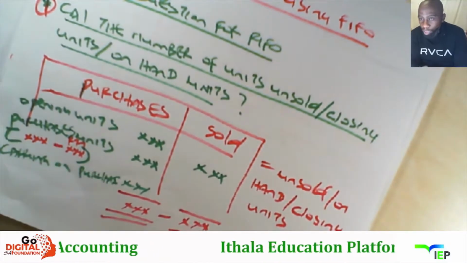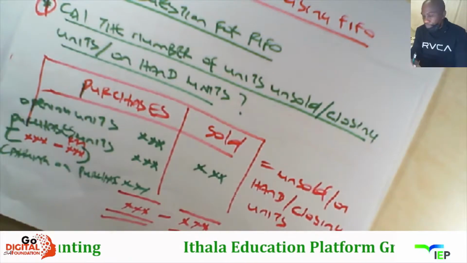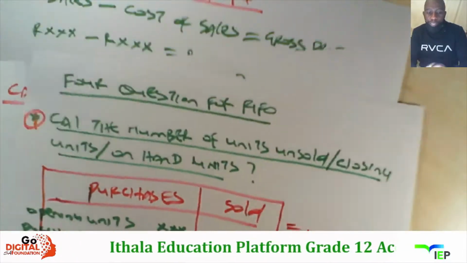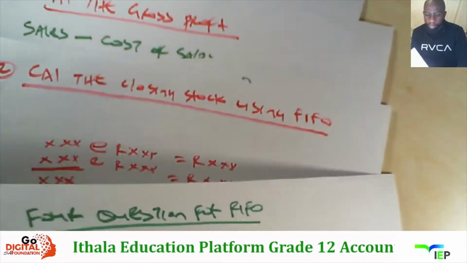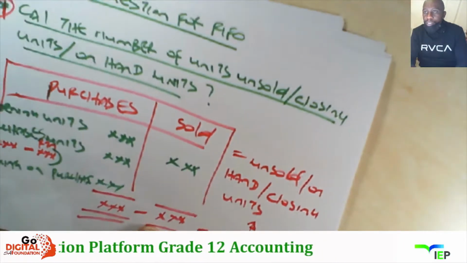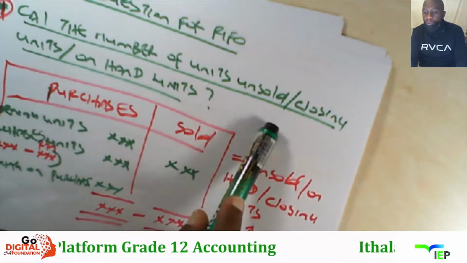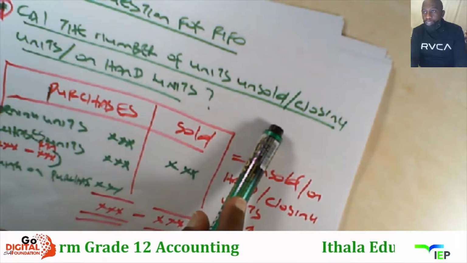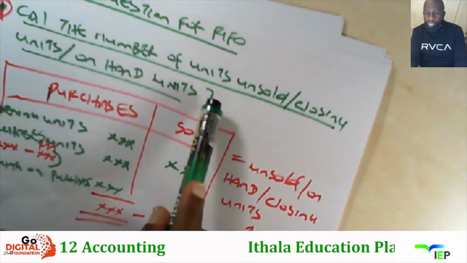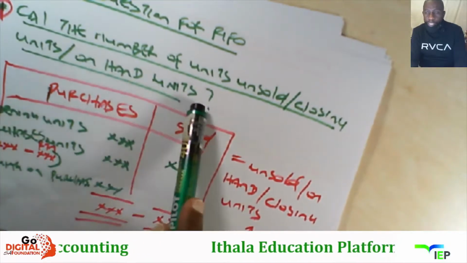We said the first question, calculate what? Calculate the number of units. Where is 1? Okay, here. Right, calculate the number of units of closing stock, number of units unsold or closing stock or on hand.